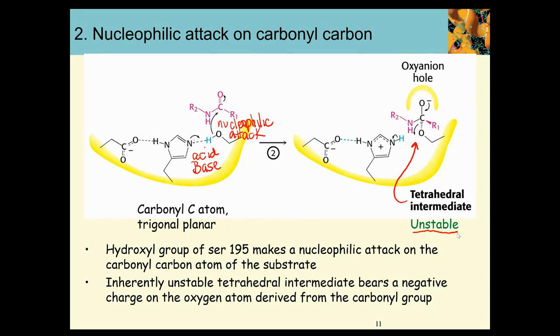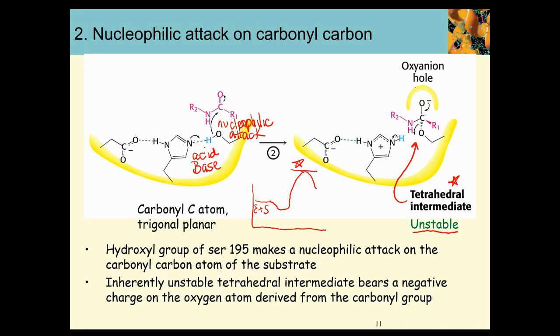So if you remember in our energy diagram, check back to the previous lecture, you start off with your enzyme and substrate, the energy drops, and then it goes up to an intermediate, right? So we're up here in this energy. Okay, something has to stabilize this.